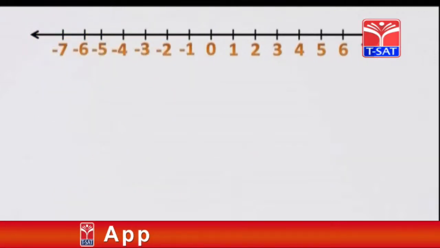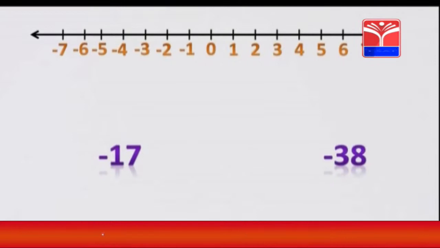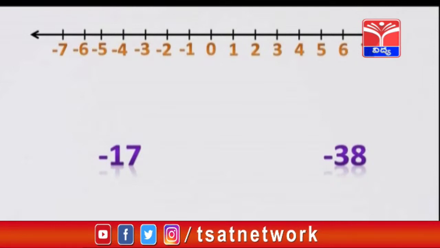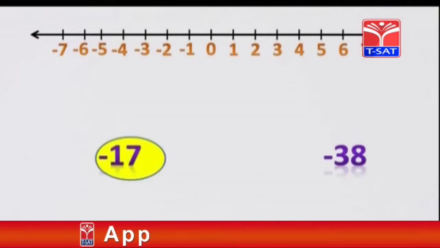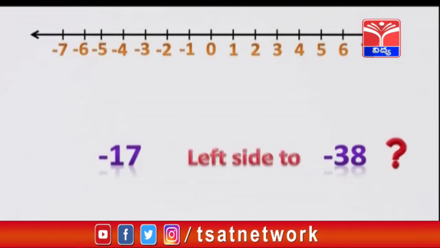Now let us compare this pair of numbers, minus 17 and minus 38. Both are negative integers, and now these numbers are not seen on the number line. Then how do you compare these negative integers now? To compare these two negative integers, we must first check whether minus 17 lies on the right side of minus 38 or the left side of minus 38.